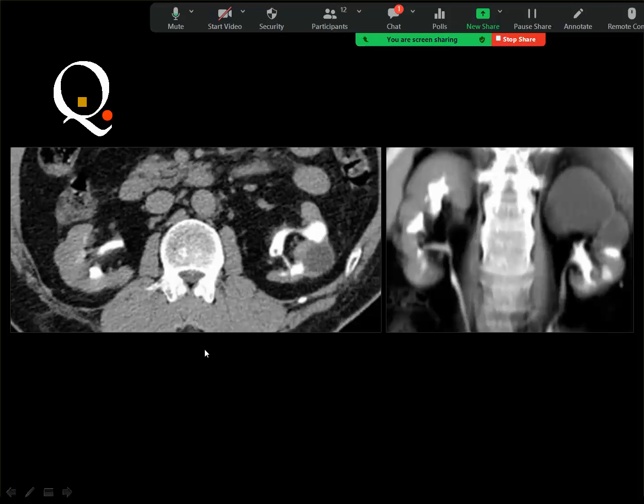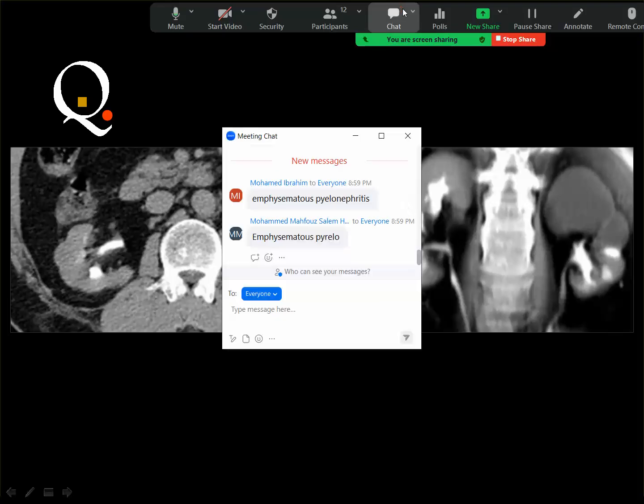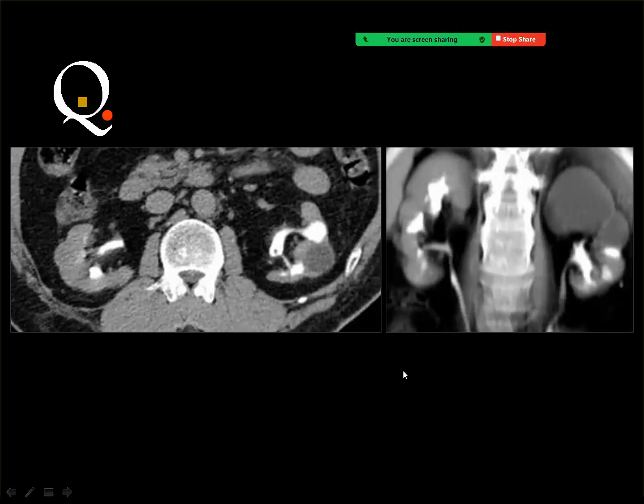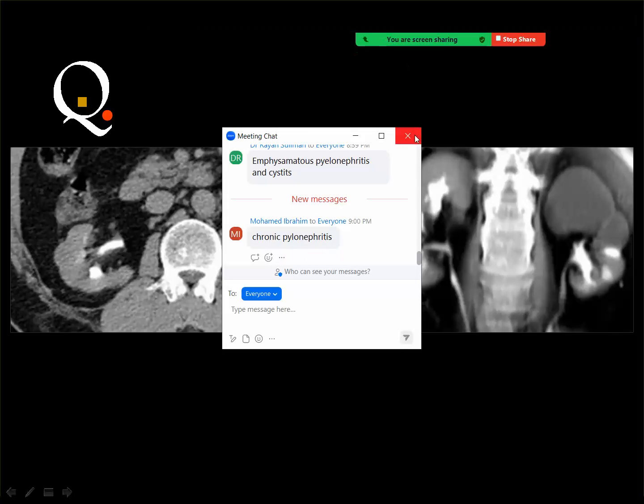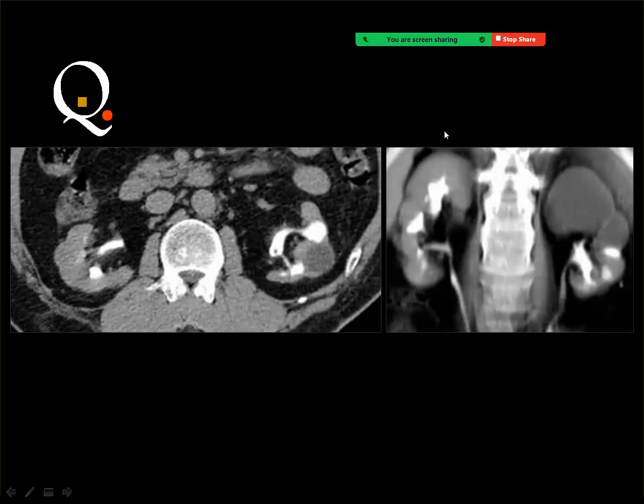Next case is a CT scan, axial and coronal reformatted images of the kidneys. Yes, the answer is right, and this is bilateral chronic pyelonephritic kidneys.